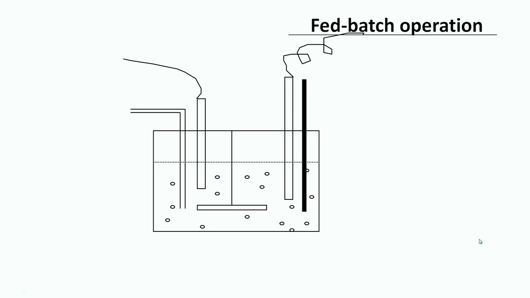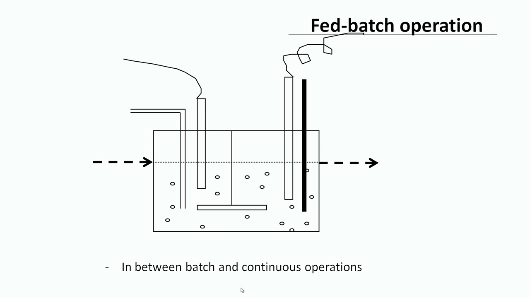Then a fed batch operation, which is in between a batch and a continuous operation, where there could be intermittent input or output or both intermittent output and intermittent input at the same time.